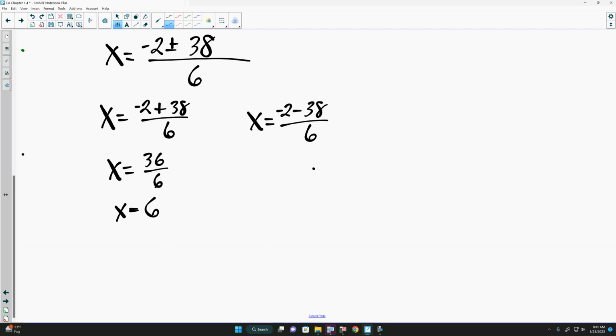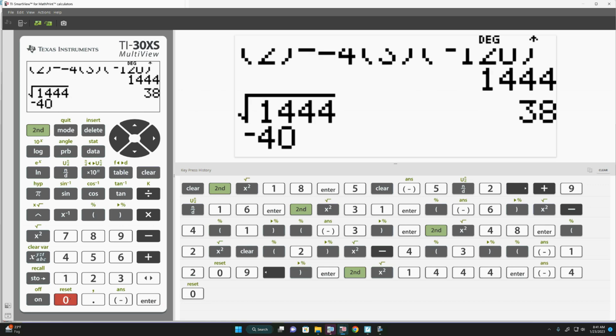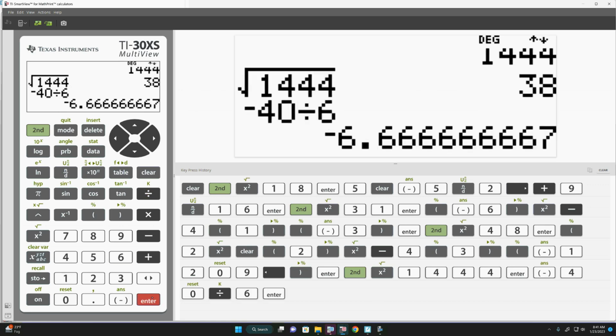Yes? And this is our w, really. On the other side, negative 2 minus 38 is negative 40 over 6. And negative 40 over 6 I believe is going to be negative 6 2/3. Negative 40 divided by 6. Yep.